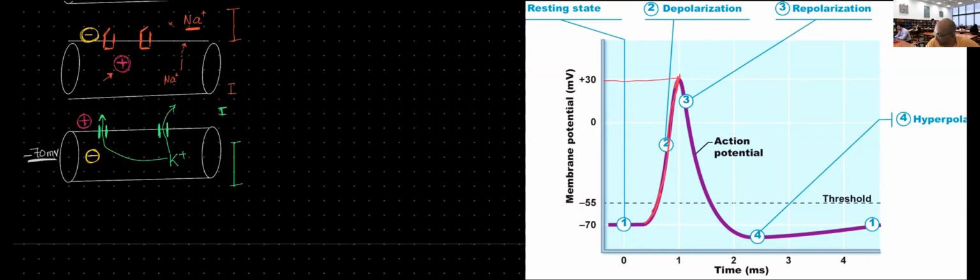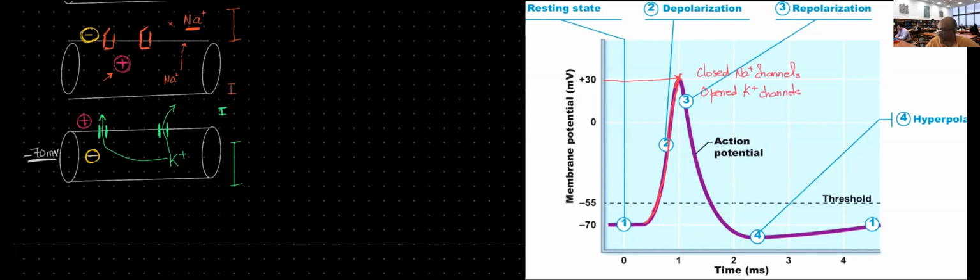So you see on here, I reach 30 millivolts. Looking here at the PowerPoint, 30 millivolts. What happened at this point? I closed sodium channels. And I opened potassium channels.